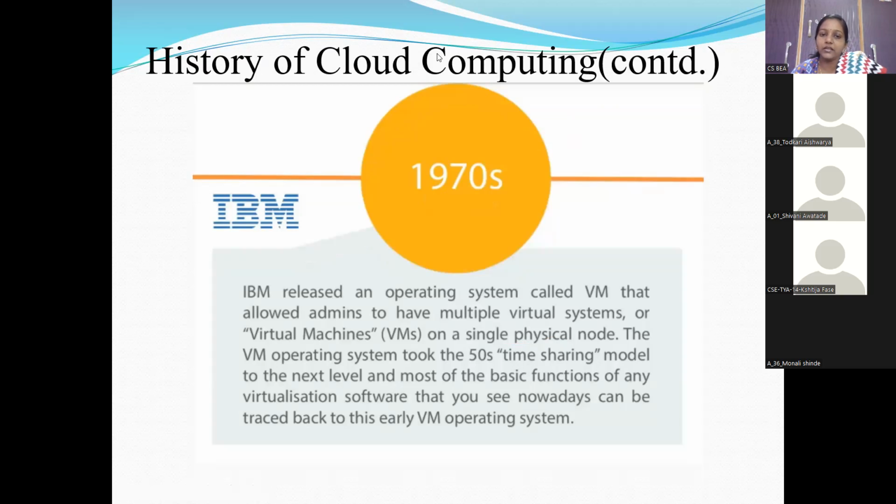The VM operating system took the 50s time sharing model to the next level, and most of the basic functions of any virtualization software that you see nowadays can be traced back to this early VM operating system.